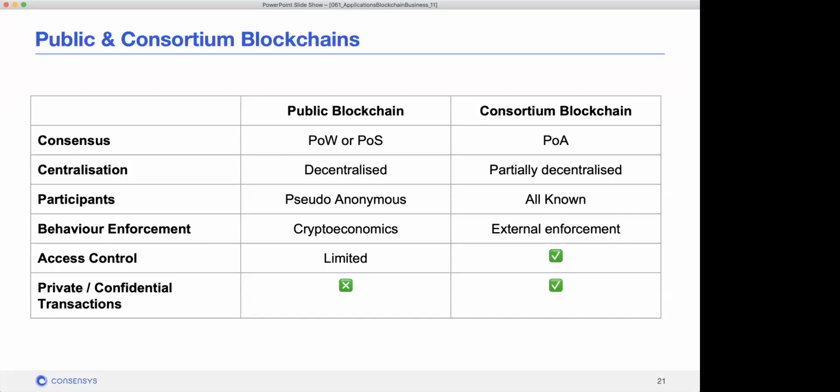As far as participants, on public blockchains, invariably, everyone is pseudo-anonymous. I think back, say, 10 years ago, people would have said you were anonymous if you were on a public blockchain such as Bitcoin. But I think there's been a realization that, in fact, it's only pseudo-anonymous.